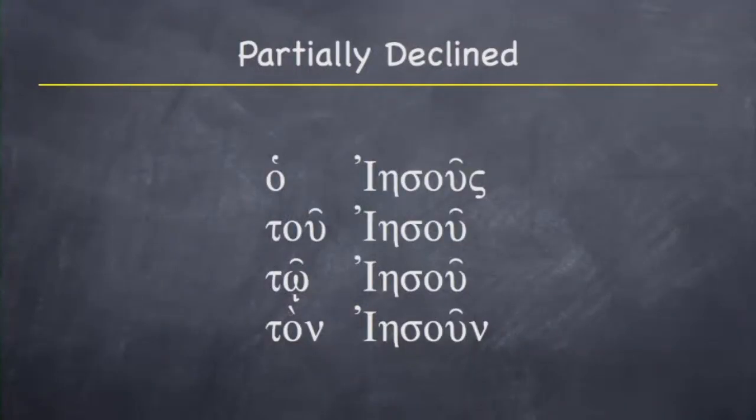If you look at the paradigm for Jesus, it's Iesous in the nominative, it's Iesou in both the genitive and the dative, and then it's Iesoun in the accusative. In other words, Jesus' name is partially declined, which means that the same form is used for both the genitive and the dative. Now, at first glance, that may say, well, how will I know whether it's showing possession or it's one of the dative keywords?